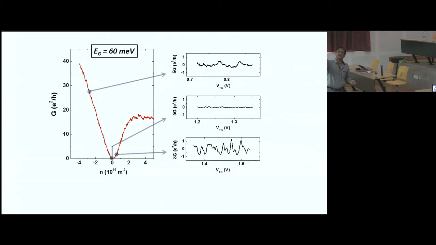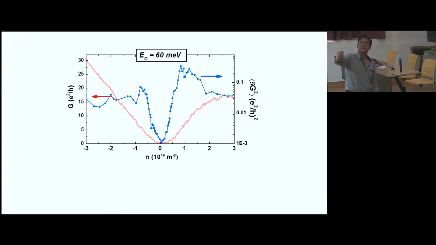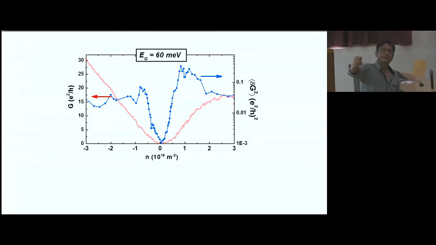If I take these results and plot them for all densities, the conductance fluctuations look something like this. The red one is the conductance, and the blue part is the conductance fluctuations as you go nearer to the band gap. Somewhere close, it is not the band gap, I'm going to show you in the next slide.